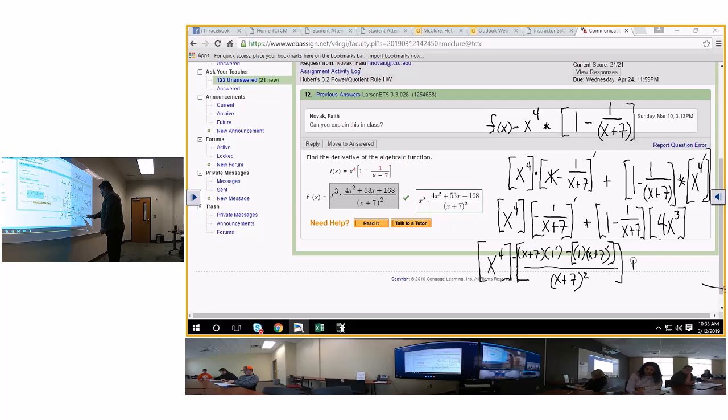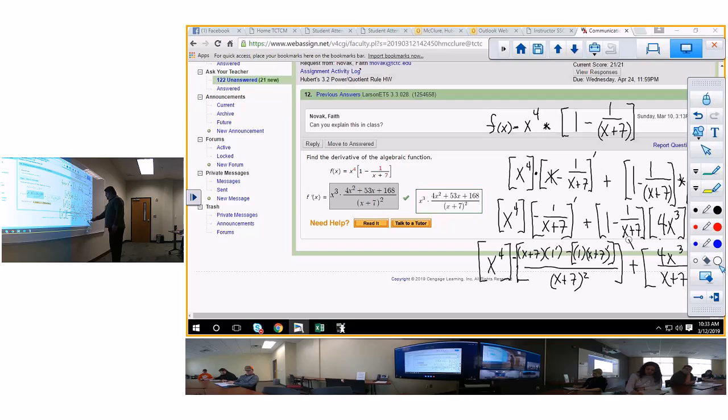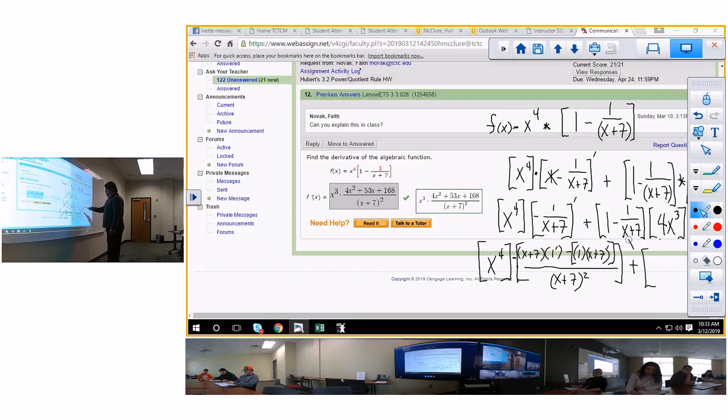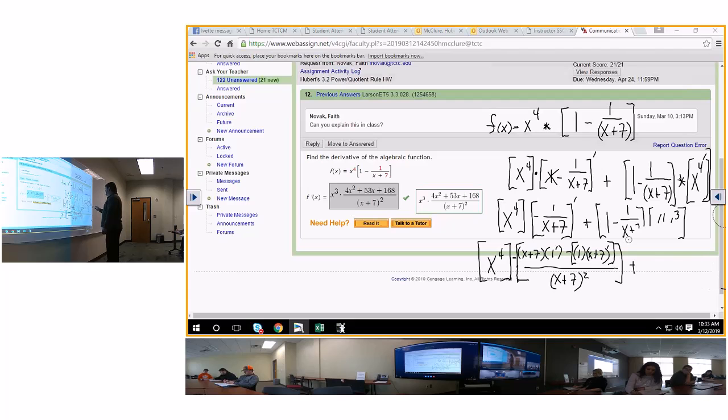Plus, and what is 4x to the third times 1? 4x to the third. So that's going to be 4x to the third over x plus 7. Okay, I'm sorry. I got to distribute it. Let me go back. I got to distribute that, because we're just doing algebra now.